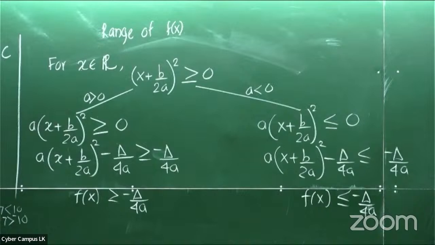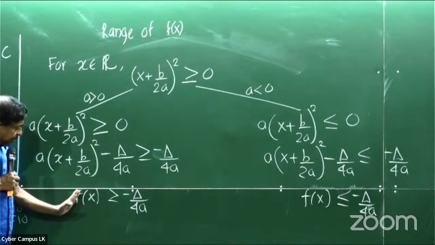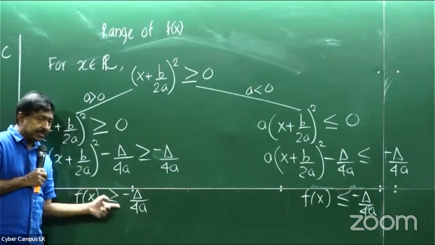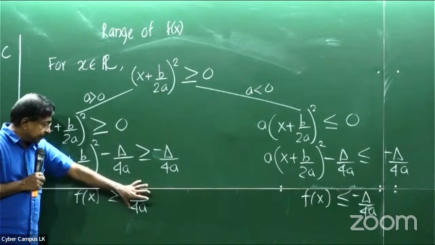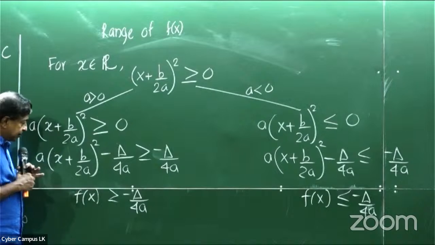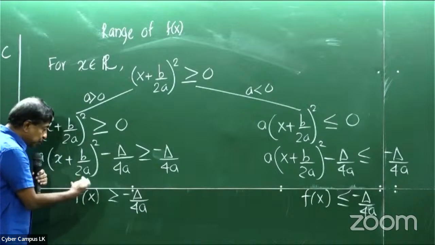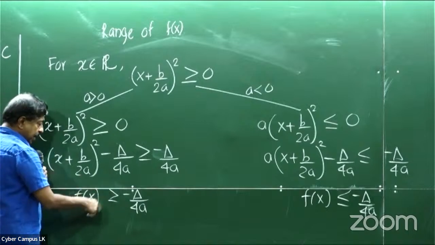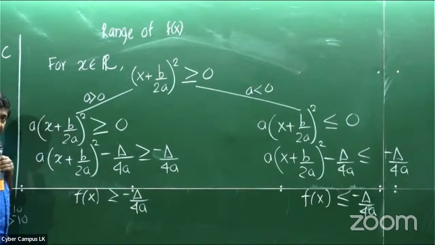Now you can come up with the range. Now look, fx can be anything greater than or equal to this. Say, for example, this is 100. So if this is 100, fx can be something like 101, 102, 2000, 1 million, or whatever. But the least number you can have for this fx is 100.